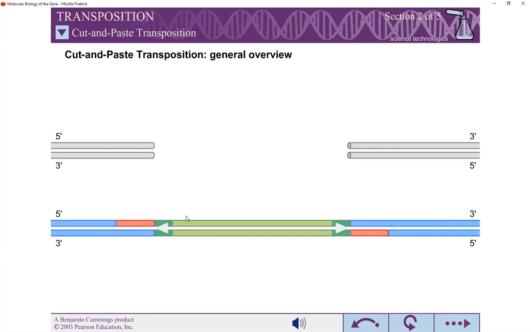So there is no copying of the transposon. Such a mechanism is commonly called the conservative mechanism of transposition.